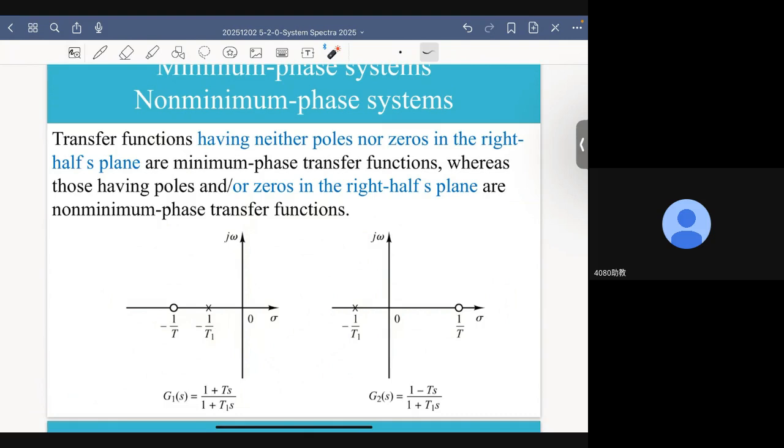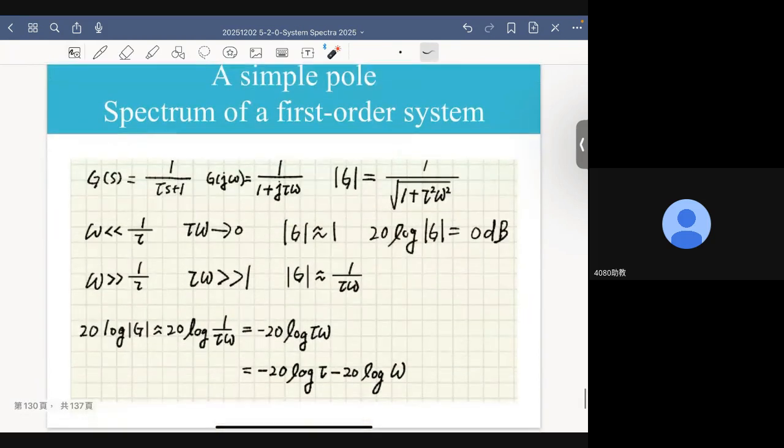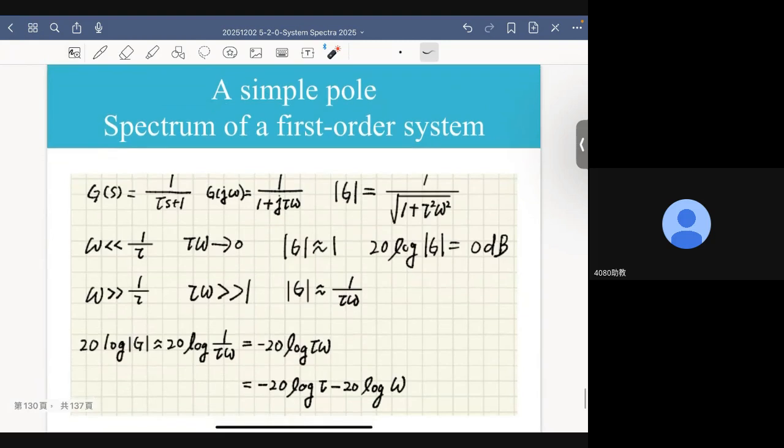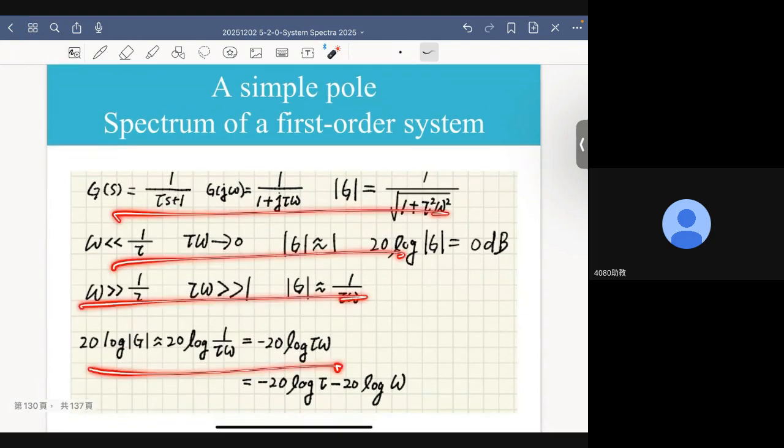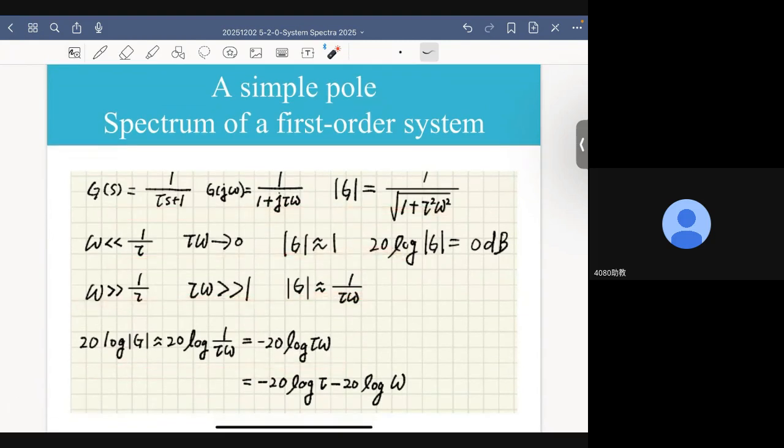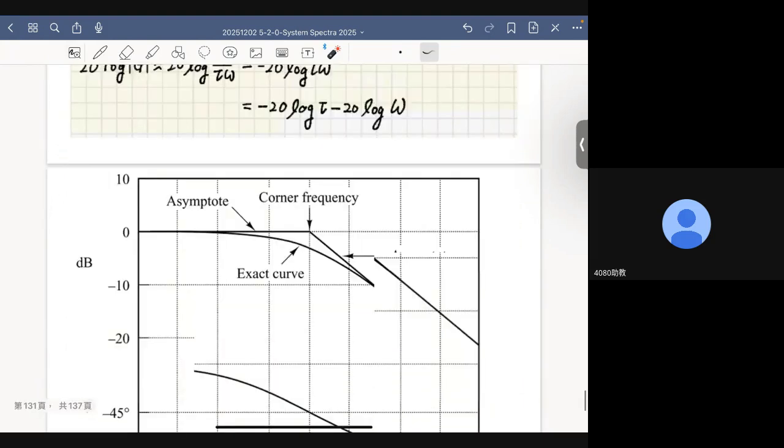Now, the focus here is on the unstable zero. What's its impact, if any? Now, you also saw this slide before. It demonstrates how you establish asymptotes for simple poles.